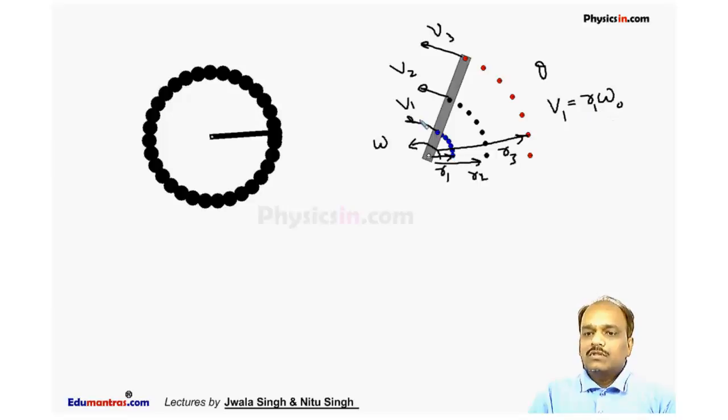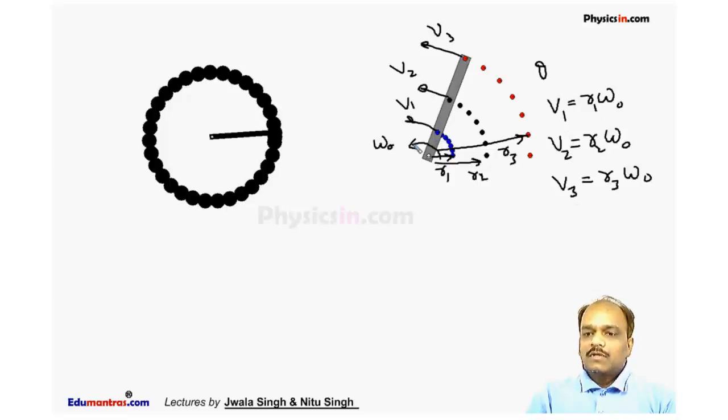r1 here is small, so v1 is small, but omega is the same for all three particles. Similarly, v2 is equal to r2 into omega naught, and v3 is equal to r3 into omega naught. So v1, v2, v3 are different.